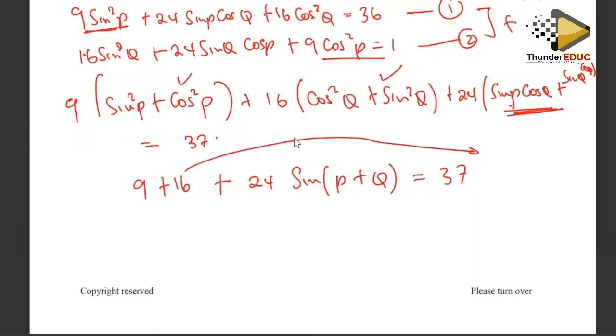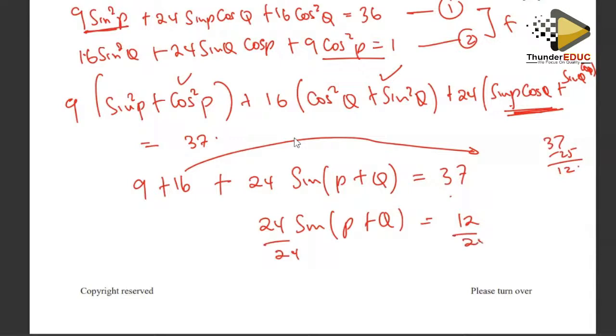Let's move everything to that side. So 24 sine of p plus q is equal to 37 minus 25, which gives us just 12. Then divide both sides by 24, meaning that the sine of p plus q gives us a half.